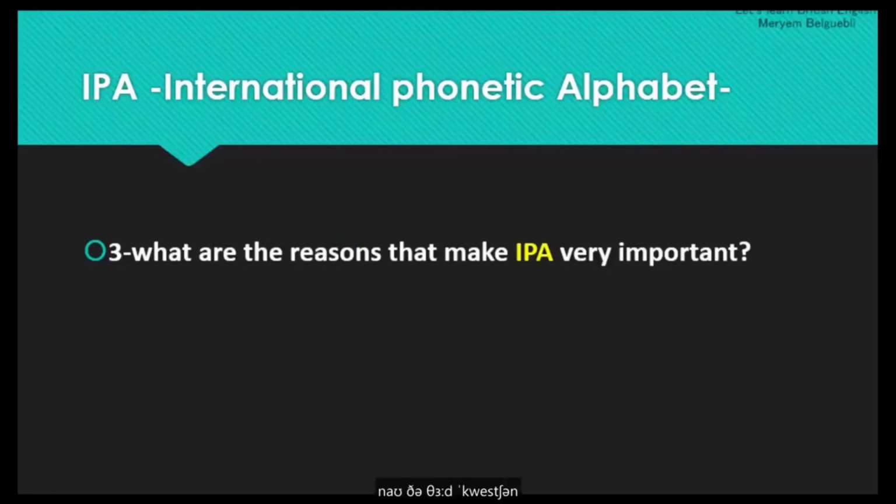Now, the third question, what are the reasons that make IPA very important? Well, here's the answer. English spelling and pronunciation are horribly irregular. Take this word as an example.